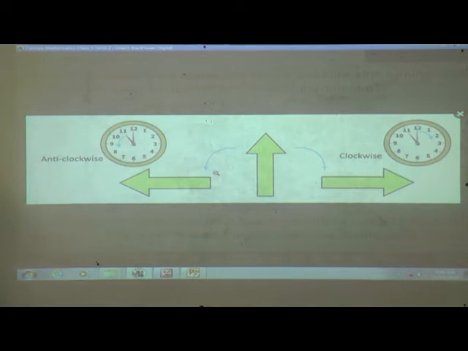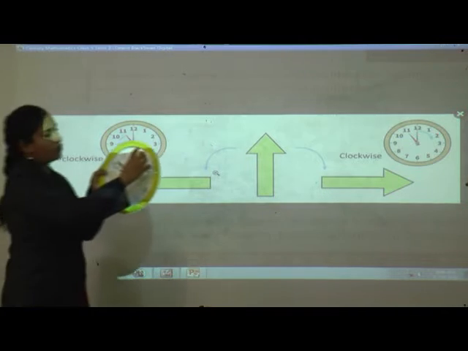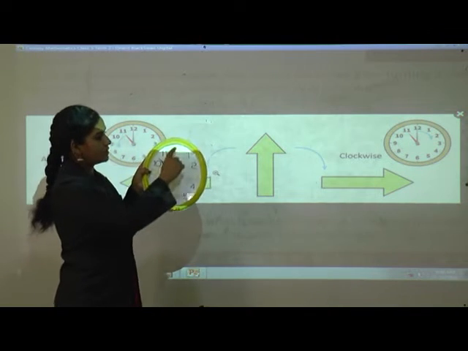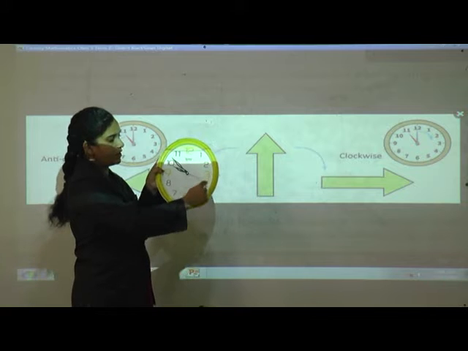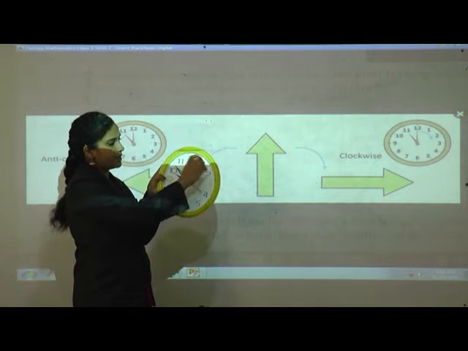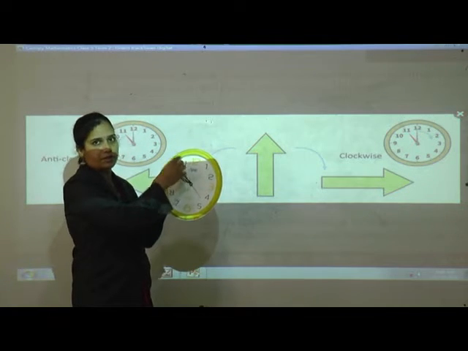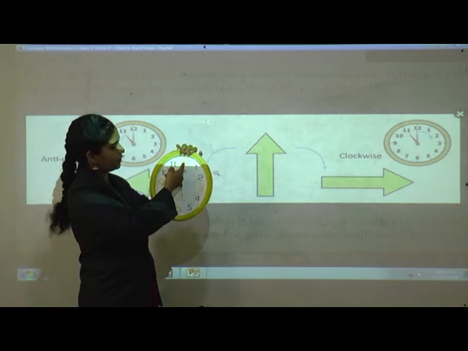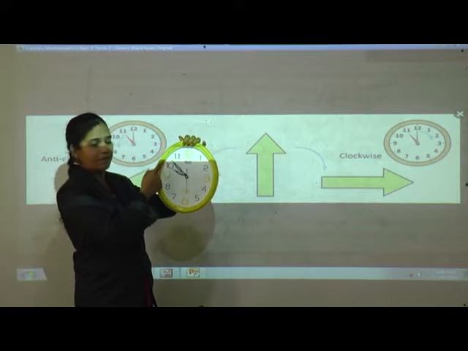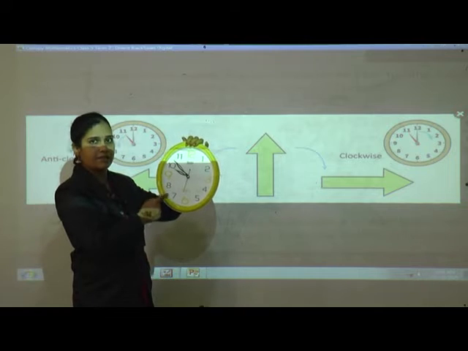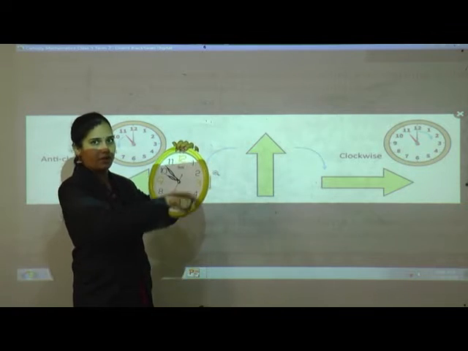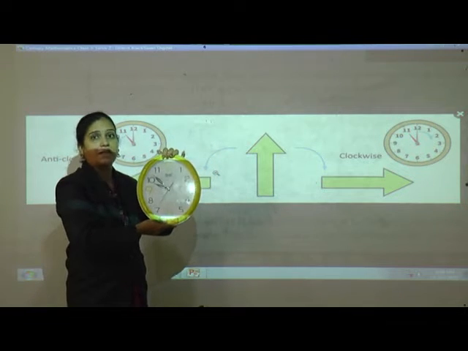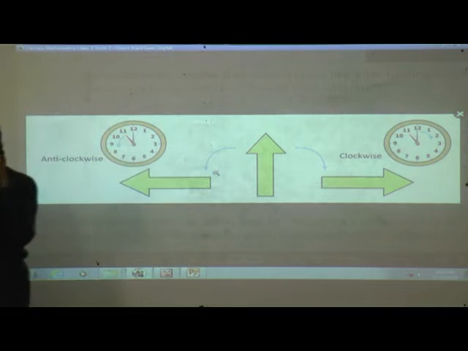What is meant by clockwise and anti-clockwise? Students, if we go clockwise, that means 1 hour, 2, 3, 4, like this. And anti-clockwise means if you go like 12, 11, 10, 9, 8, 7 in decreasing order, that is the anti-clockwise direction, isn't it?